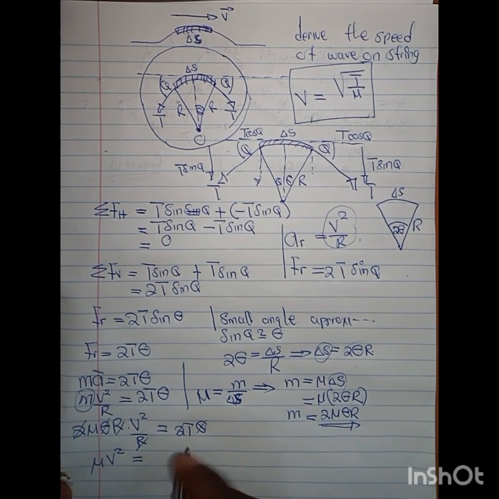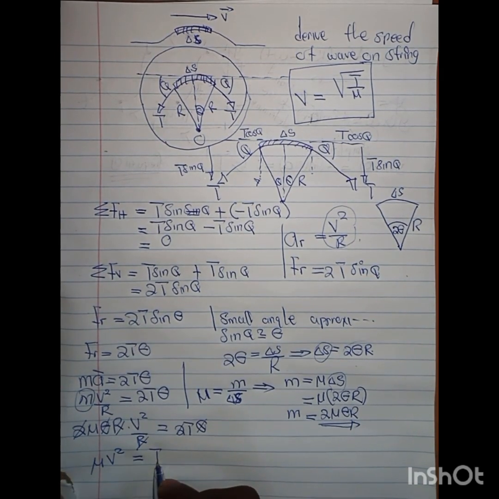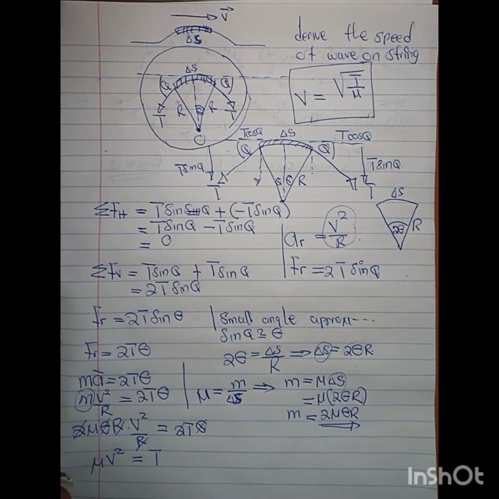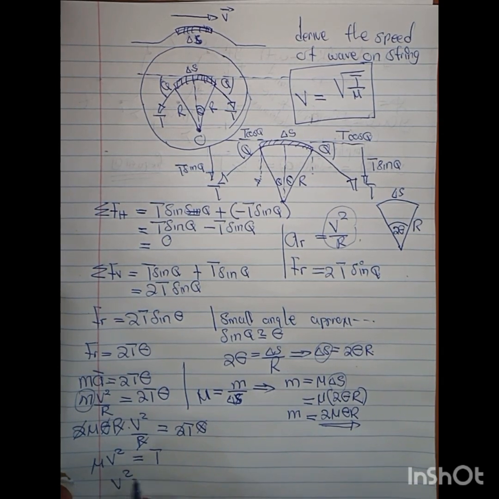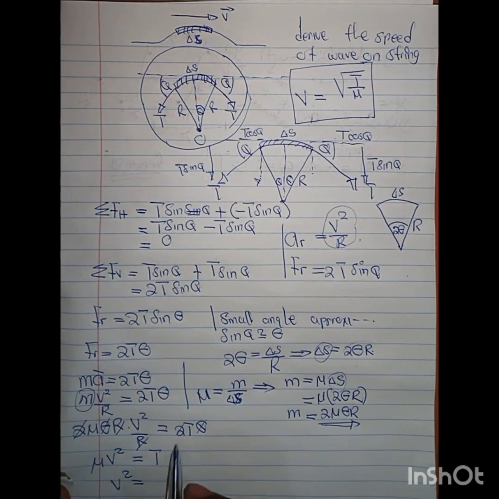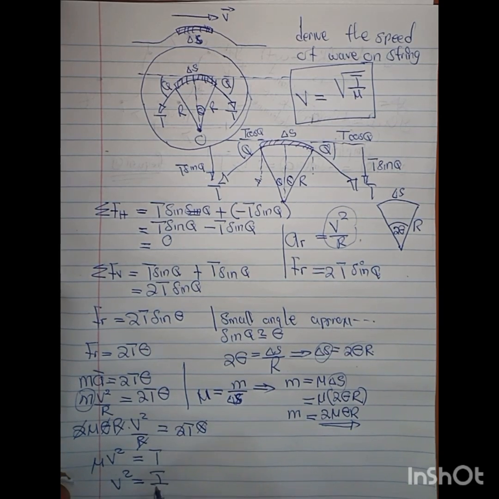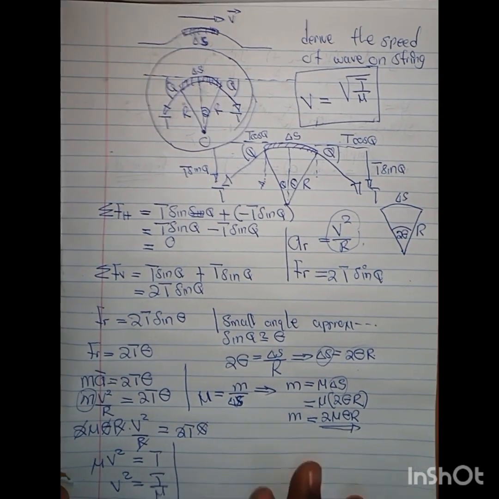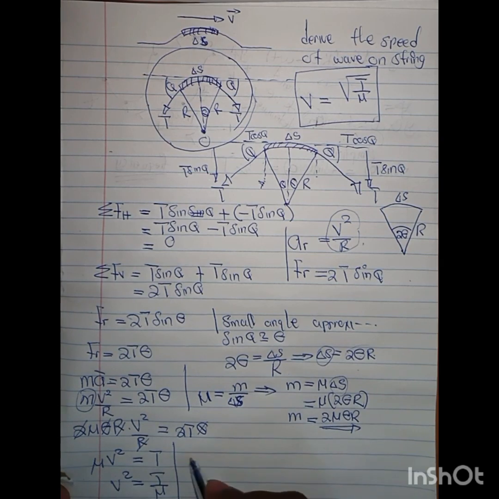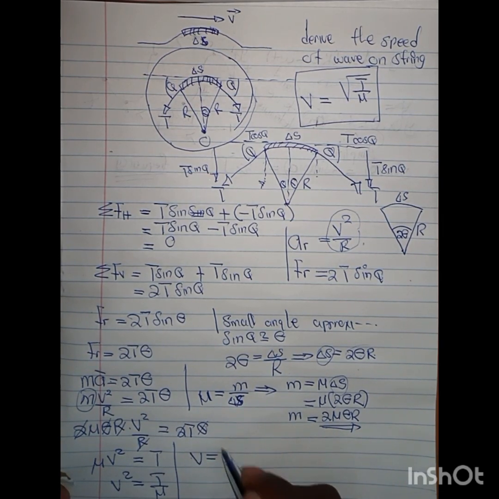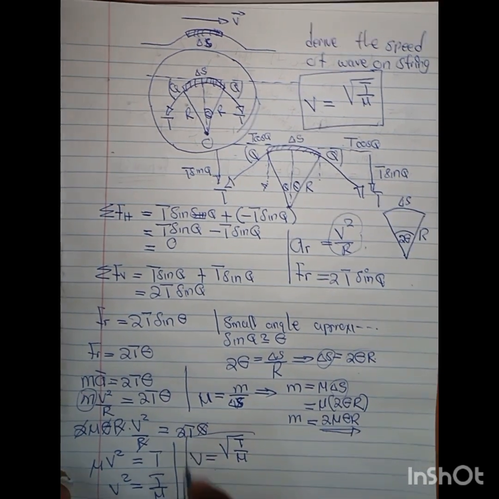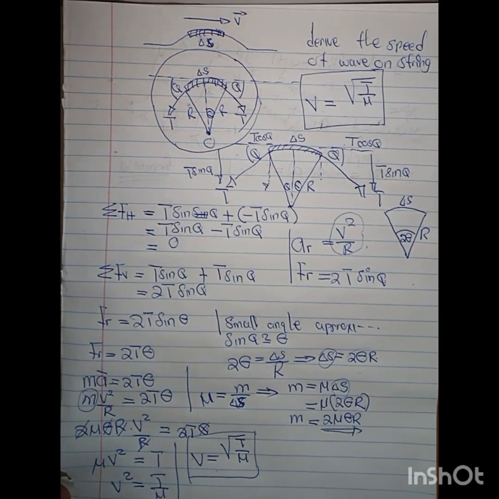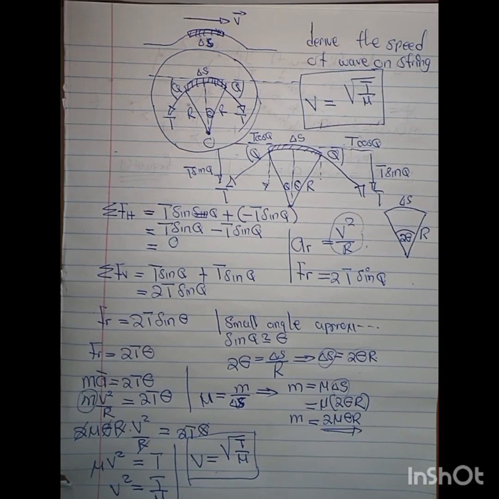This is given by T. We want to find the speed of a wave, so we have to find v. So v squared is given by T divided by mu. Therefore, taking the square root on both sides, we can see that our v will be given by the root of T over mu. So what we just derived right now here is the speed of a wave on what? On a string.